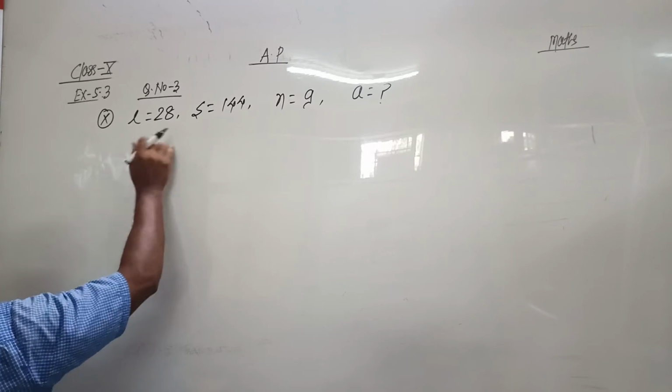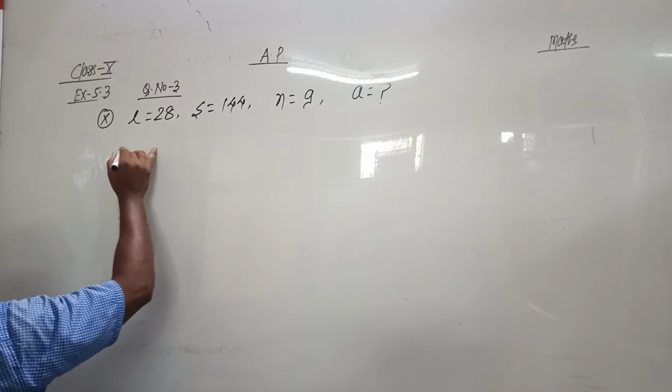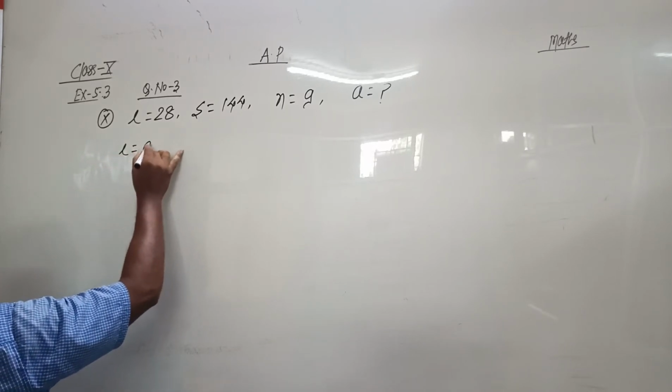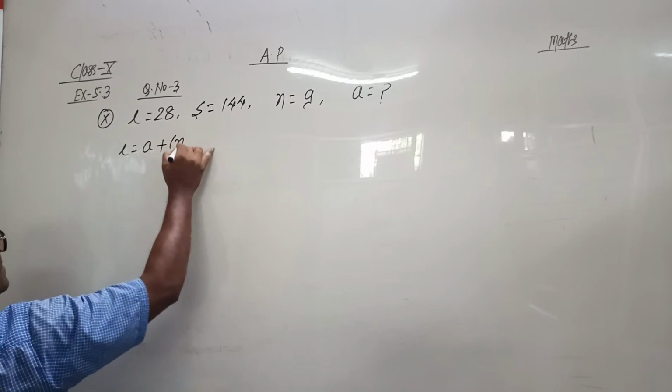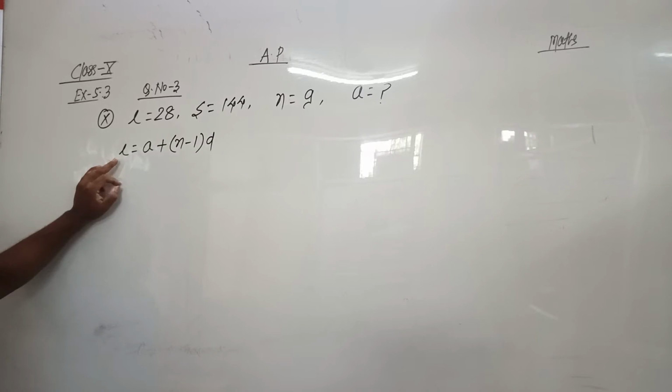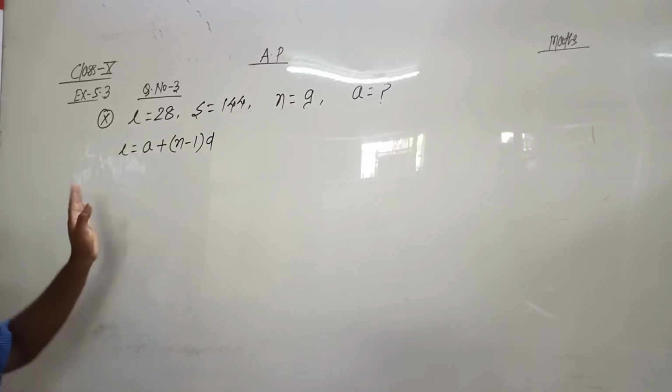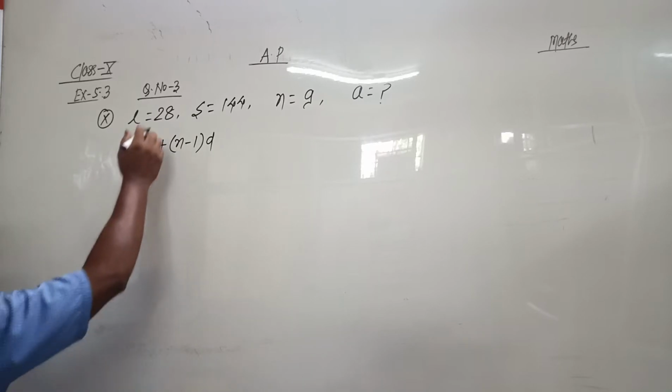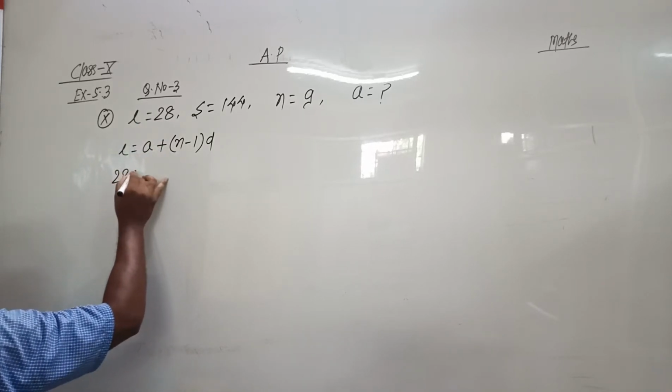So use the formula for the last term, An equals A plus (n minus 1) into d. An and L are the same thing, both mean the last term, so the last term is 28.